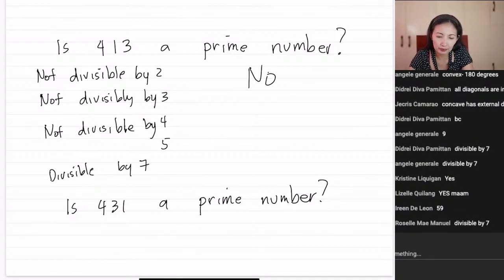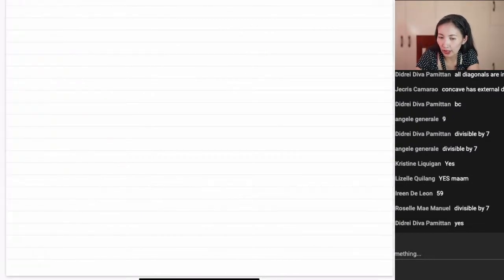No, 431 is not divisible by 7. Let's check. Is it divisible by 2? The earlier one was 413; let's reverse it.